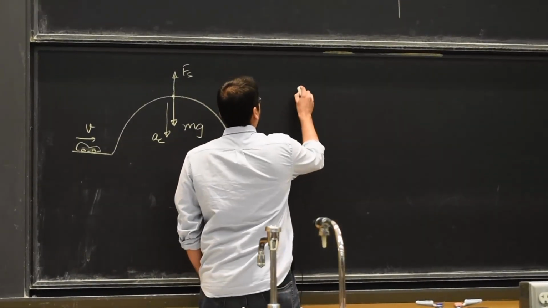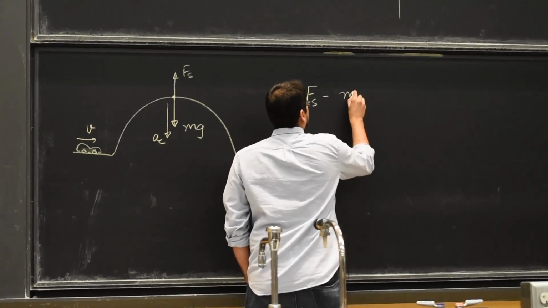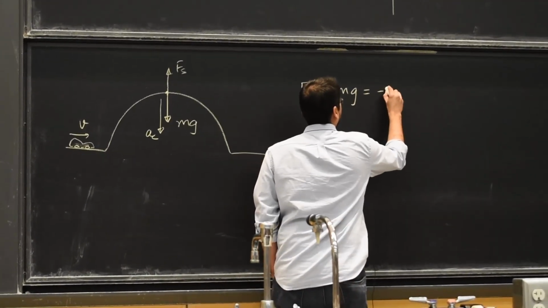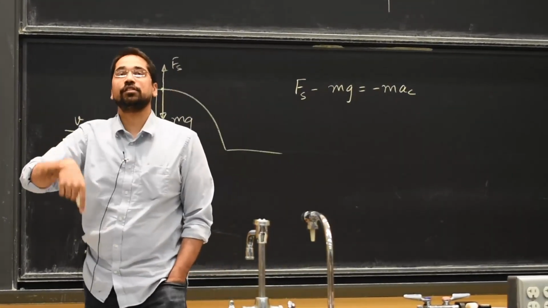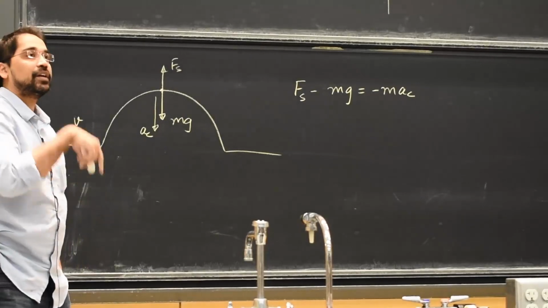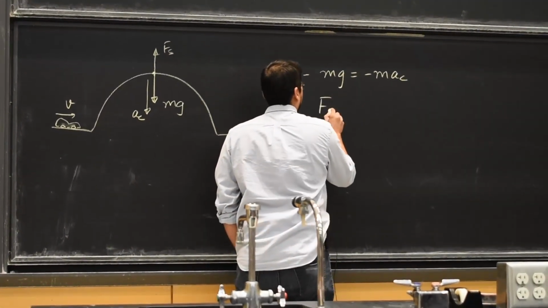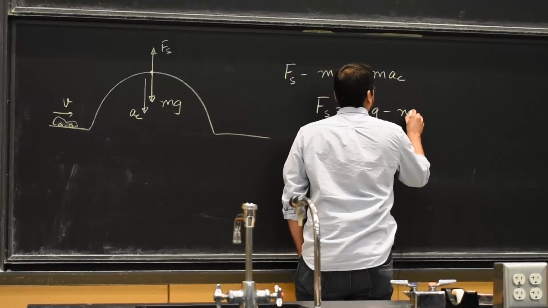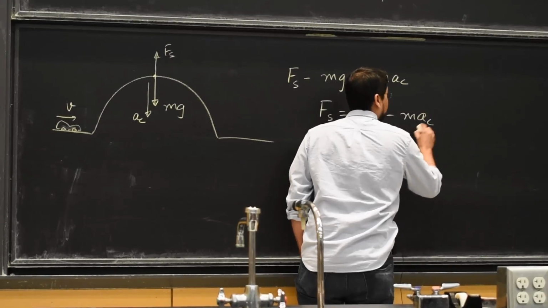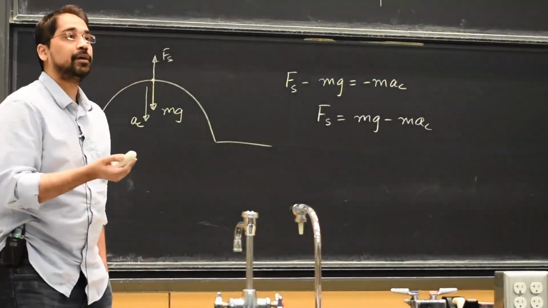So if I write the equations of motion, it would be Fs minus mg must be equal to minus mac. Minus because the acceleration vector points downwards. So Fs is now mg minus mac, which is a bit less than mg.